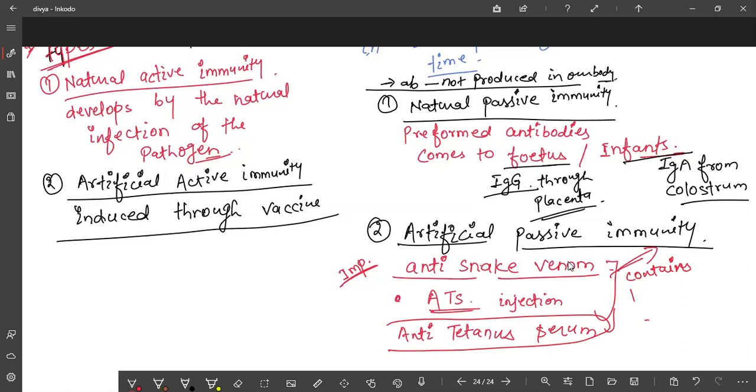So this contains prepared antibodies and they are introduced into the person artificially.